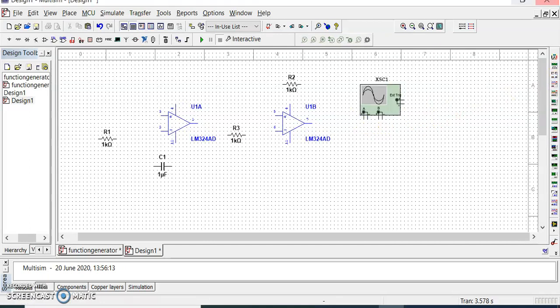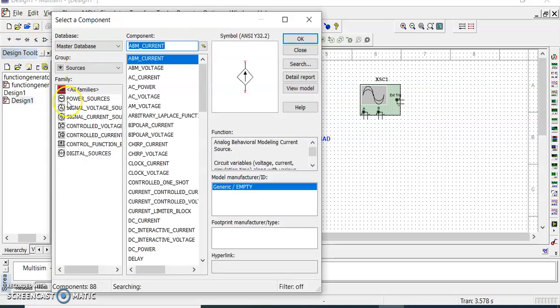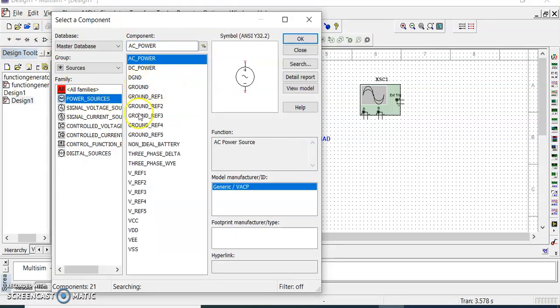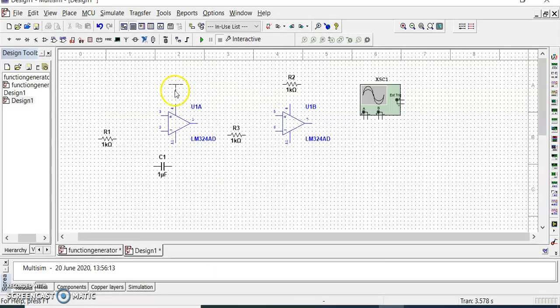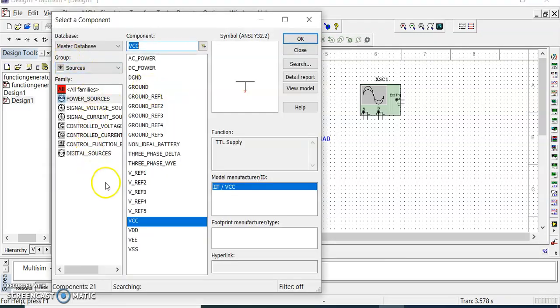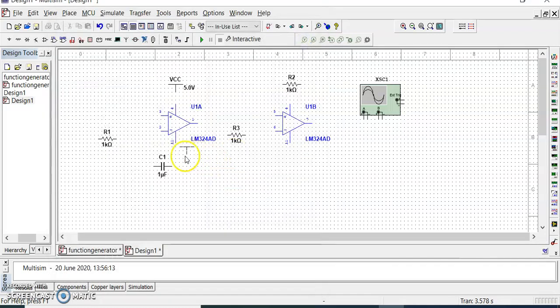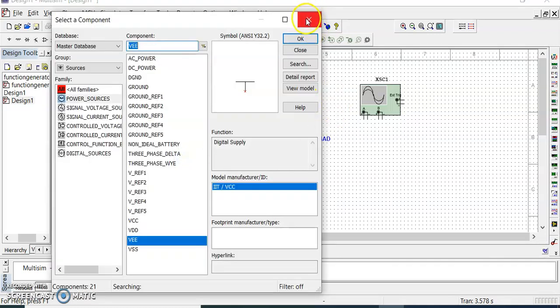Supply, display node CRO, and plus VCC and minus VCC, plus 5 volts, minus 5 volts.